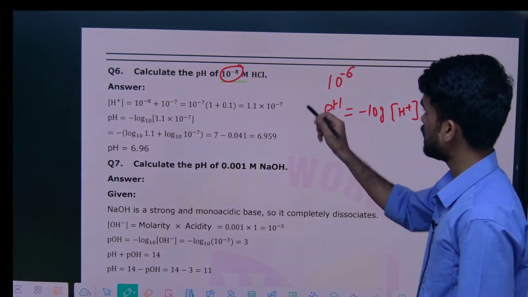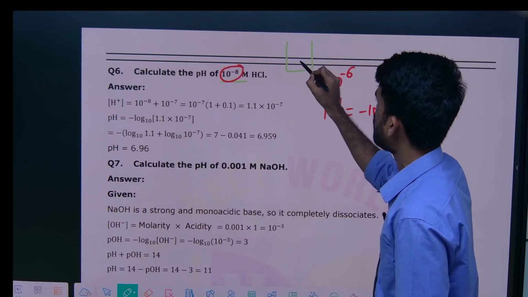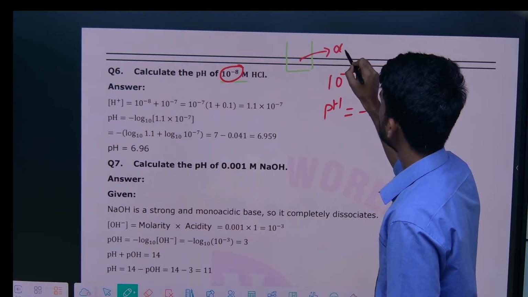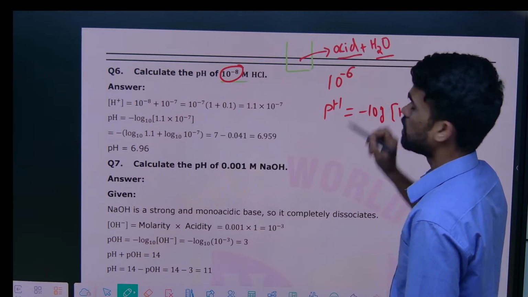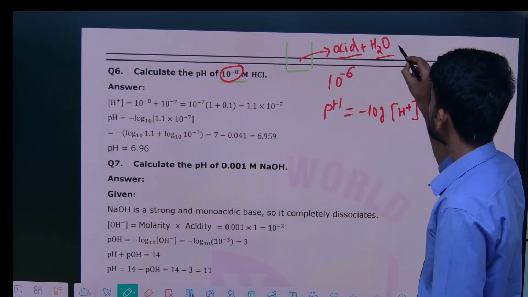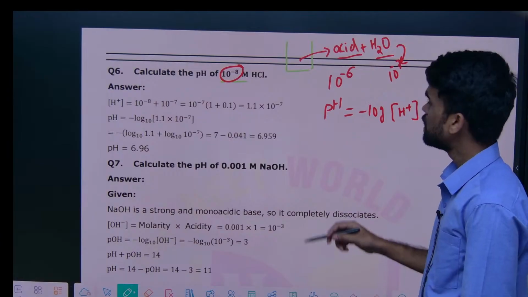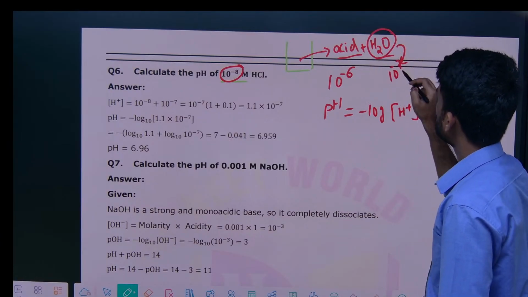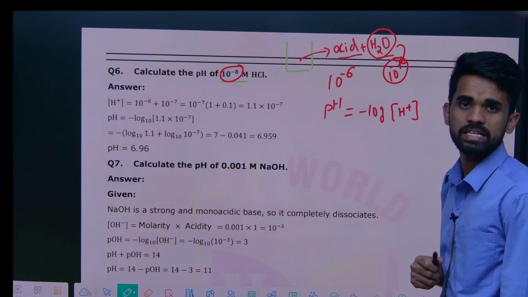Now if there is an acidic solution here, solution means there will be acid plus water. Both of the things are there. We know the concentration of H plus ion that comes from water is taken as 10 power minus 7. Water itself gives 10 power minus 7 as H plus ion concentration to the pH of the solution.